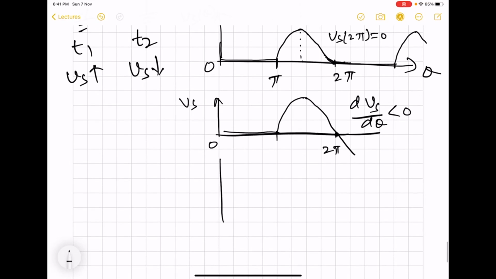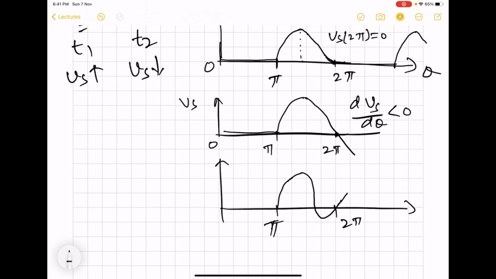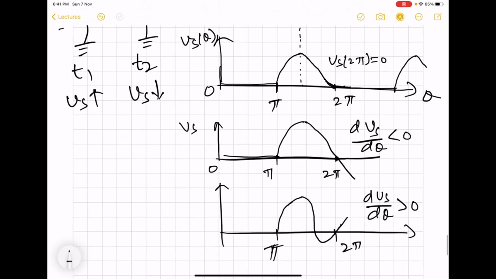Then the second possibility is that it discharges very quickly. Here it charges up to this point and discharges and then starts charging. So again, maintaining zero voltage at 2 pi, but now you can see that the derivative is greater than zero.